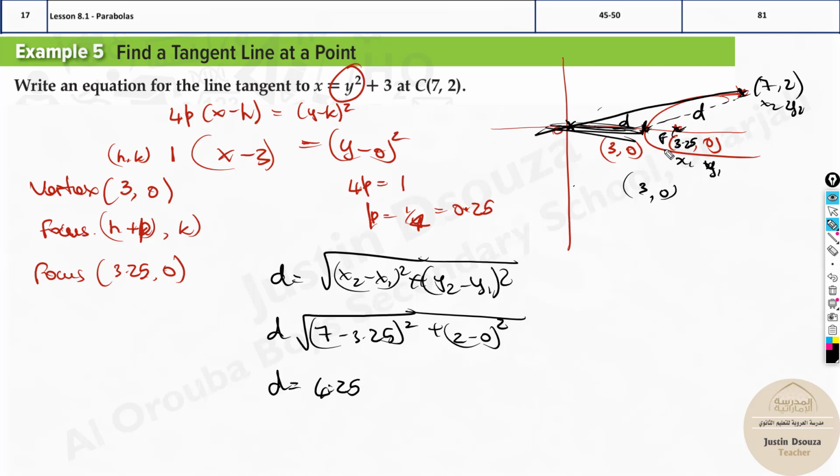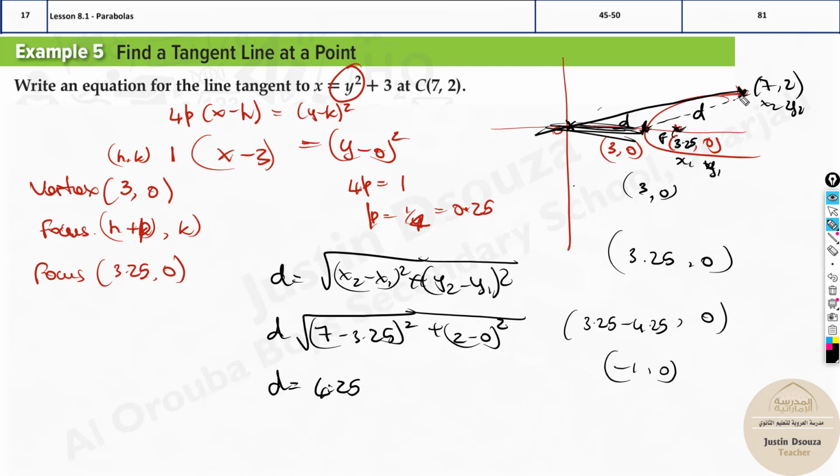So now this part is all about analyzing and understanding this. I will take the focus point. It was 3.25 comma 0. No matter what the focus, this point will have the same y, 0 only. But here this is going to be 3.25 minus 4.25. That's negative 1 comma 0.